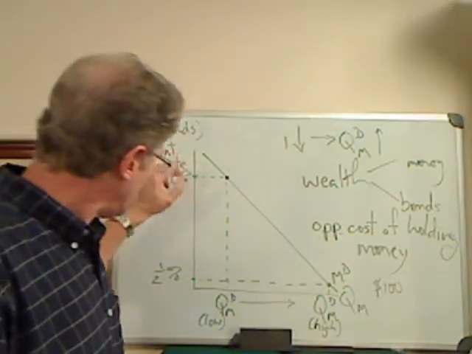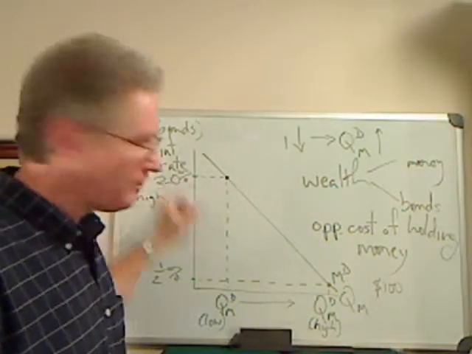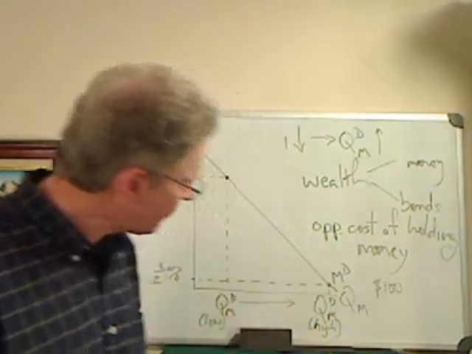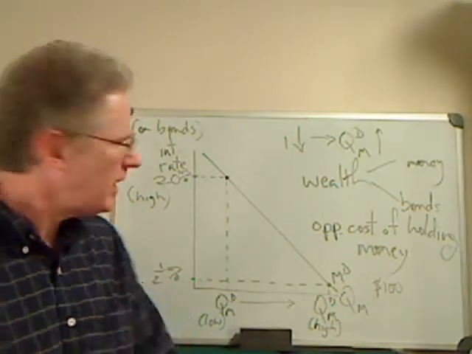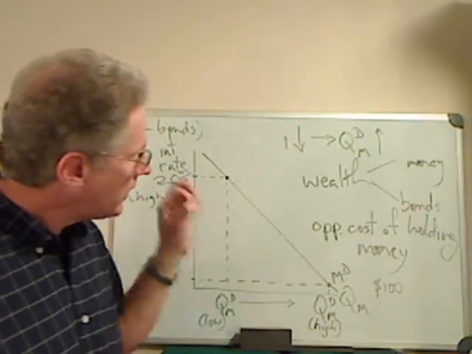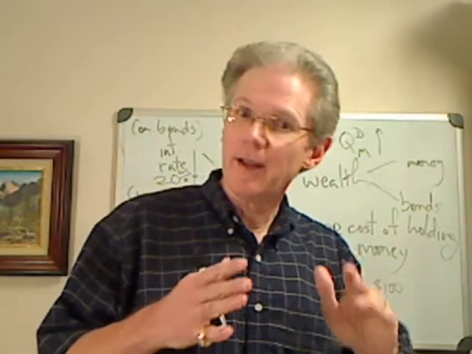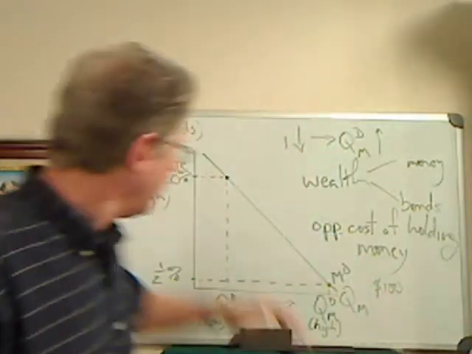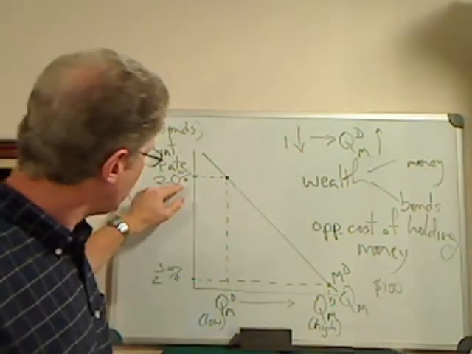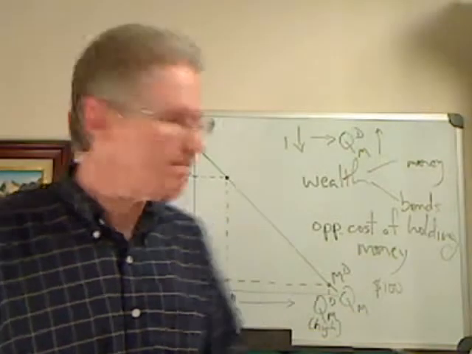But if the interest rate were 20% on bonds, then if you hold $100 for one year in the form of money, you are giving up the interest you could have earned if you had instead held that wealth in the form of bonds. And 20% of 100 would be $20.